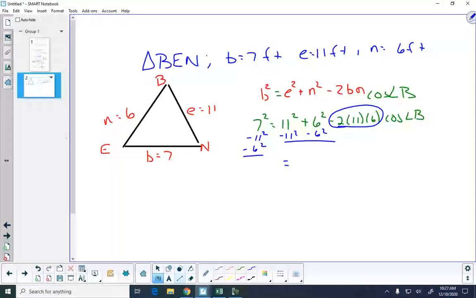Take your negative 2 times 11 times 6. Get one coefficient, take your 7 squared minus 11 squared minus 6 squared.